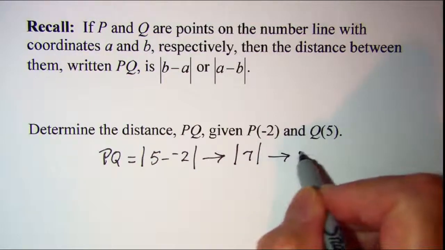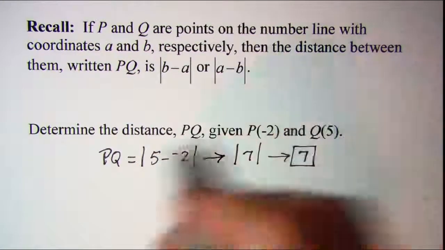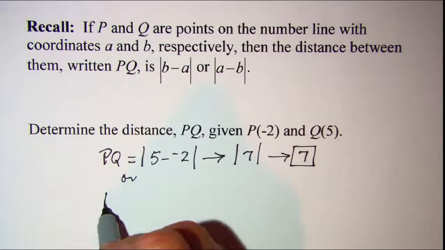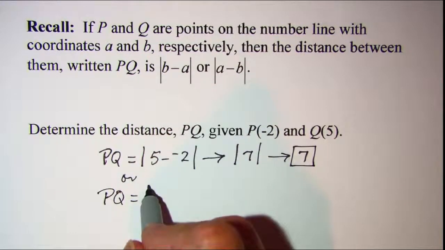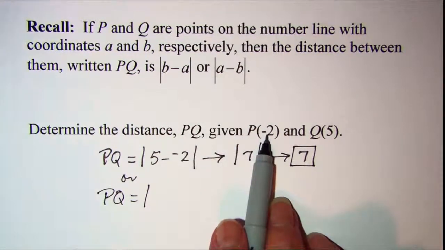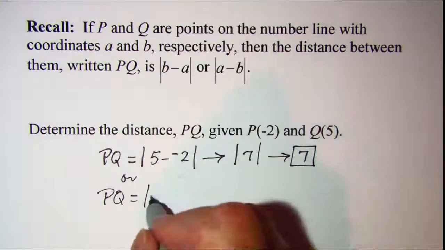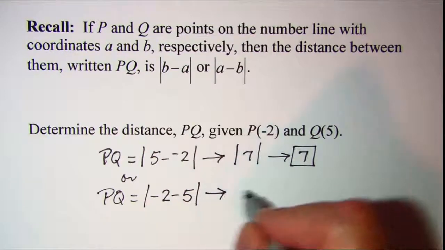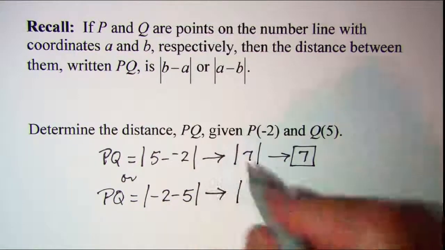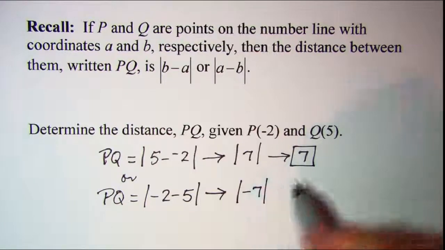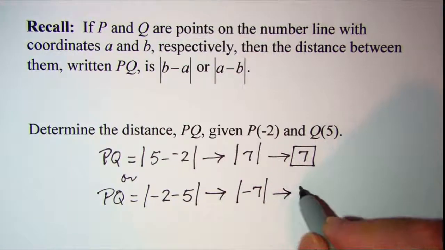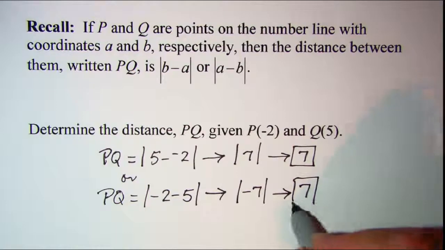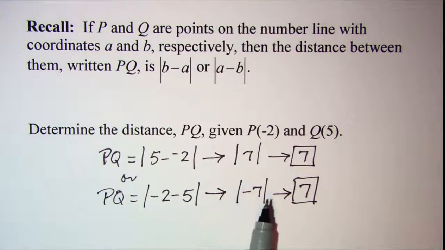So we have 7 for that distance. Or we could say that PQ is the absolute value of -2 subtract 5. So that is the absolute value of -7, which is also 7. So it doesn't matter what order you do your subtraction, because the absolute value would change it to a +7 either way.